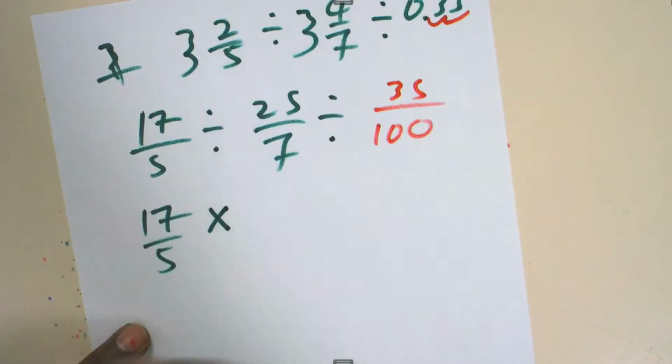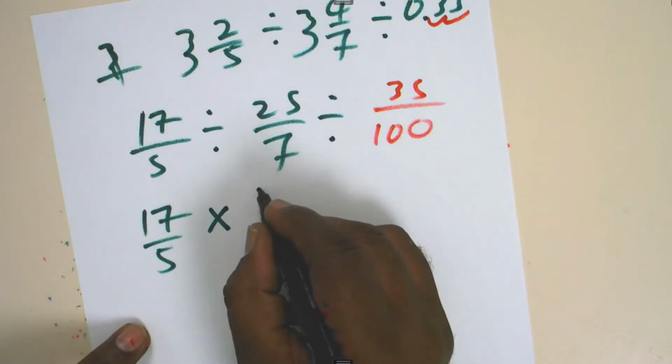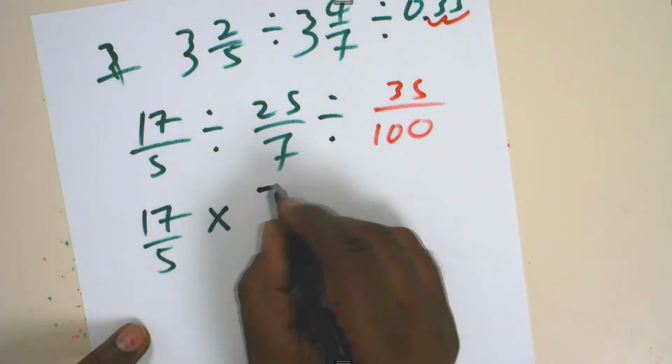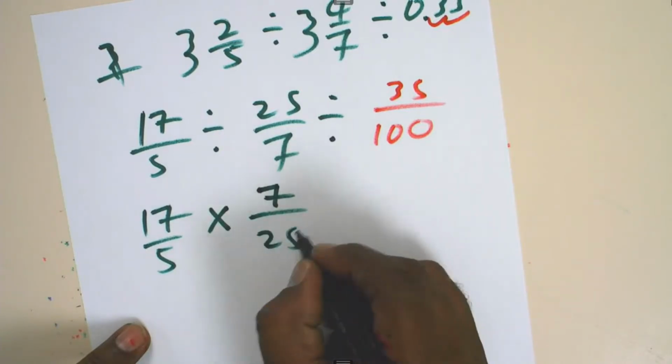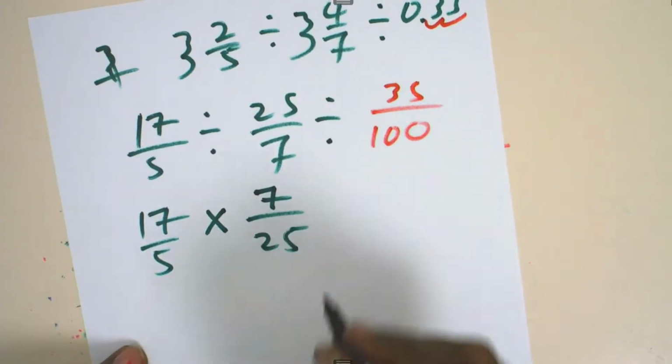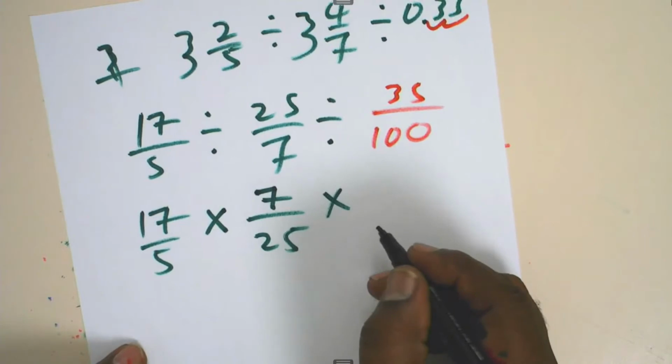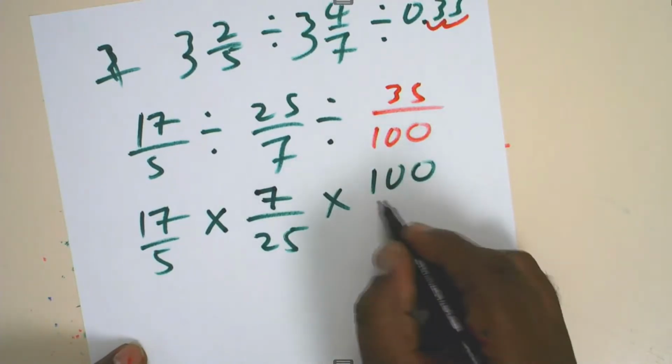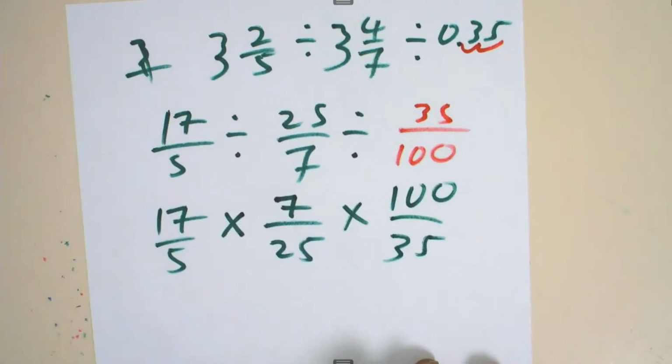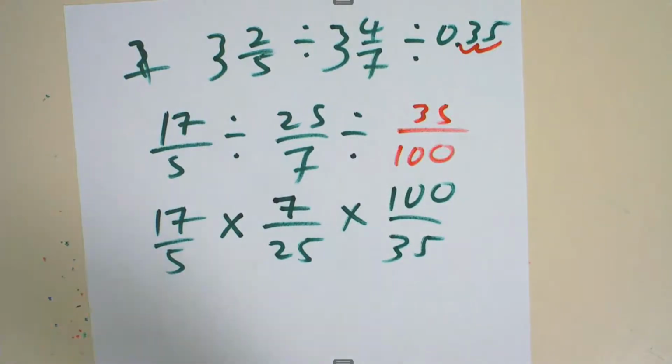We also invert. 7 goes up and 25 comes down here. Multiply, 100 goes up and 35 comes in. So the signs are the same, then you start from left to right.